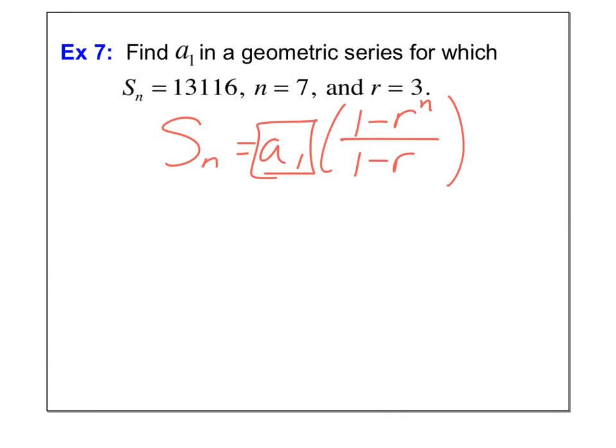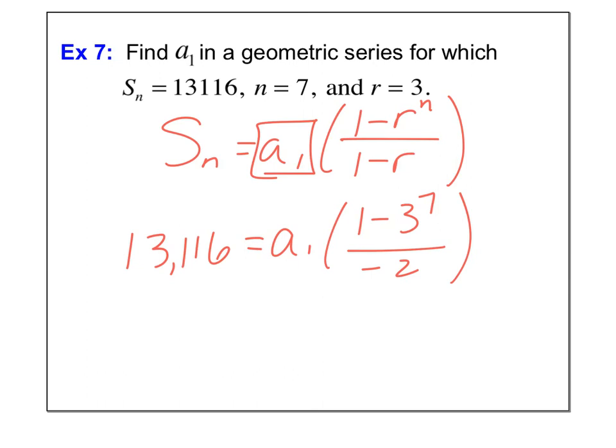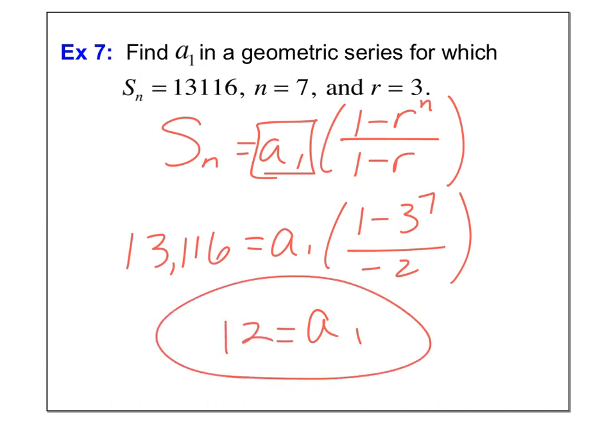I know that S sub n is 13,116. A sub 1 is what I'm trying to find, times 1 minus my ratio to the 7th power over negative 2. Isolating a sub 1, verify, once you get around to doing the math, that you get 12 for a sub 1.